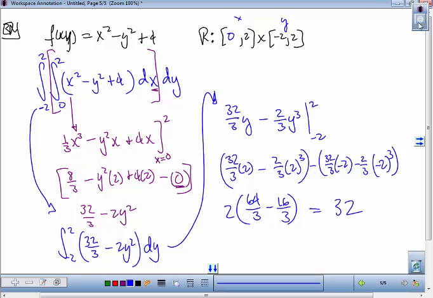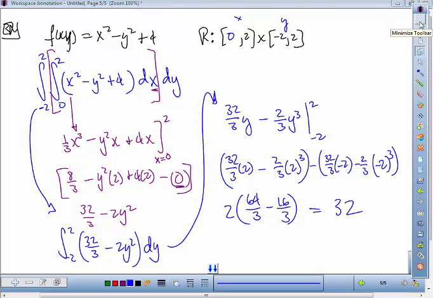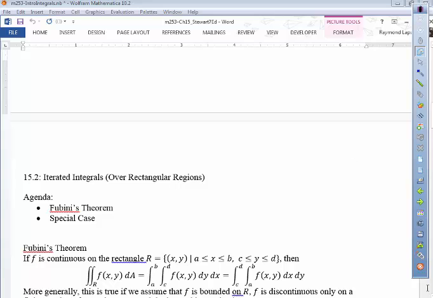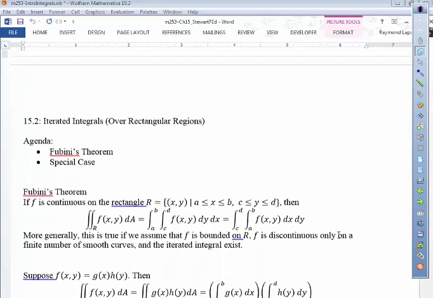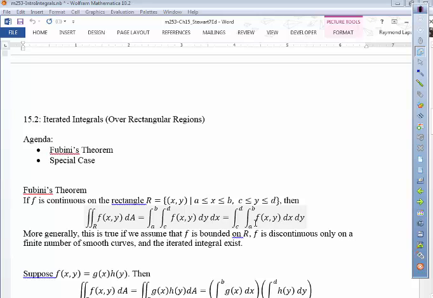All right, so for Fubini's Theorem, in a way, I kind of don't want to talk about Fubini's Theorem, but you know they talk about it in the book, so let me just tell you about it. Fubini's Theorem says that if you're integrating over a rectangular region, then you can actually switch the order of integration, which is fine.